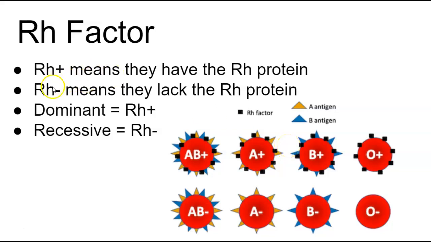If you're RH negative, it means you don't have the protein. So you might hear people say, oh, I'm A negative or O positive. That positive or negative is talking about whether or not they have this extra protein, this RH factor protein on the outside of their cells.